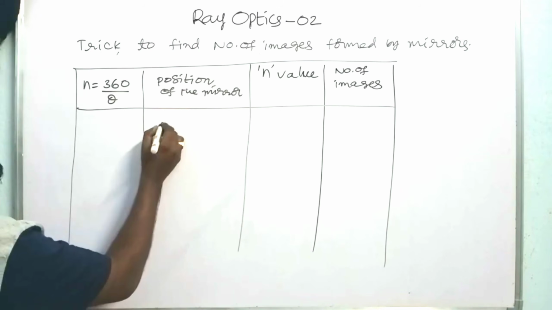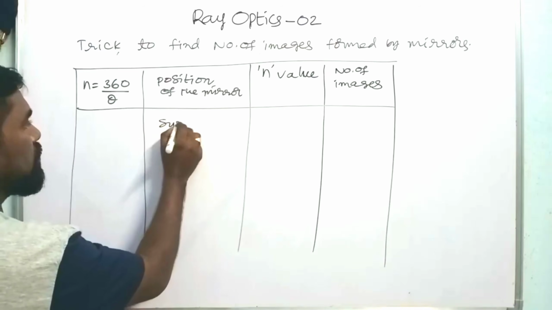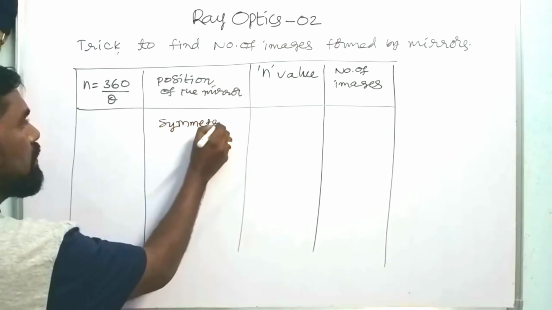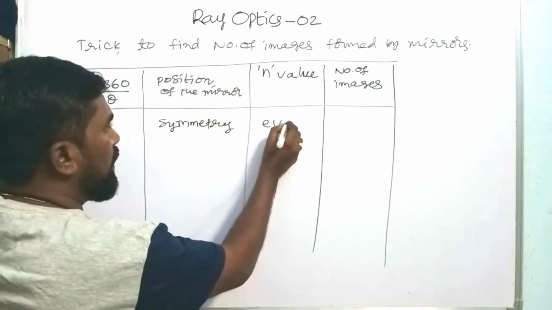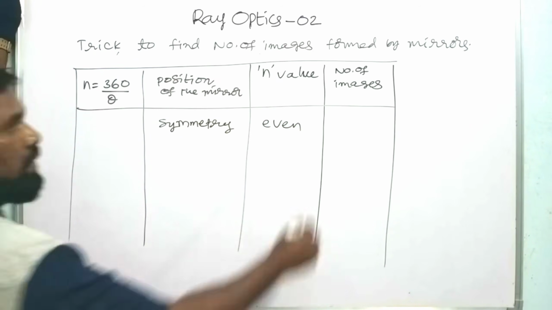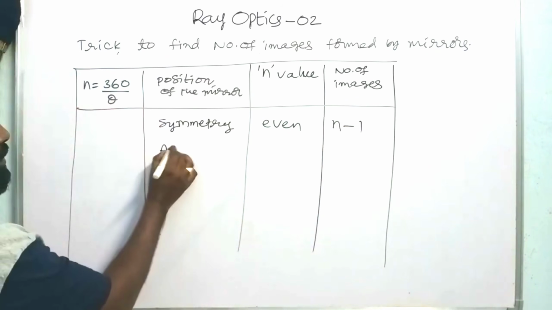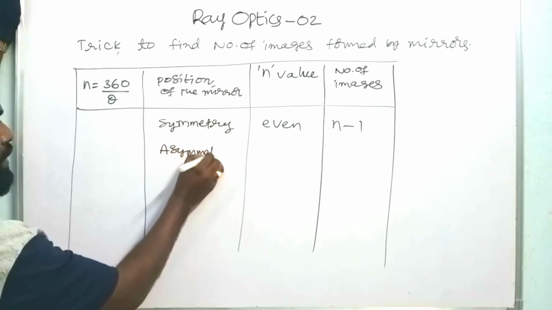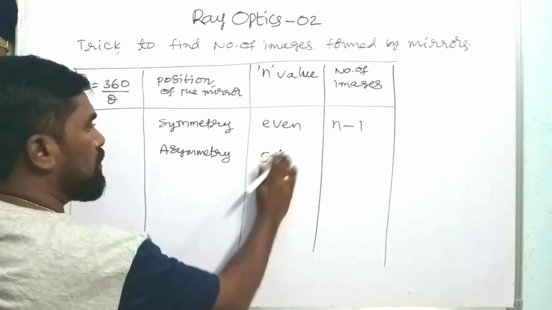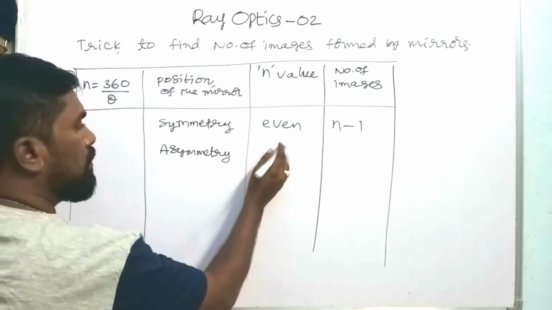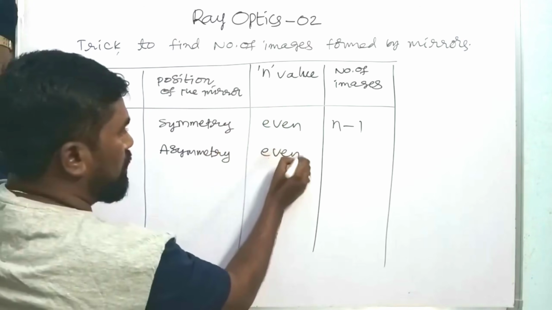Okay. Position of the mirror: symmetry. Symmetry ga unte n value, if it is even, then the number of images is n minus 1. Asymmetry, then it is odd, this is also even.